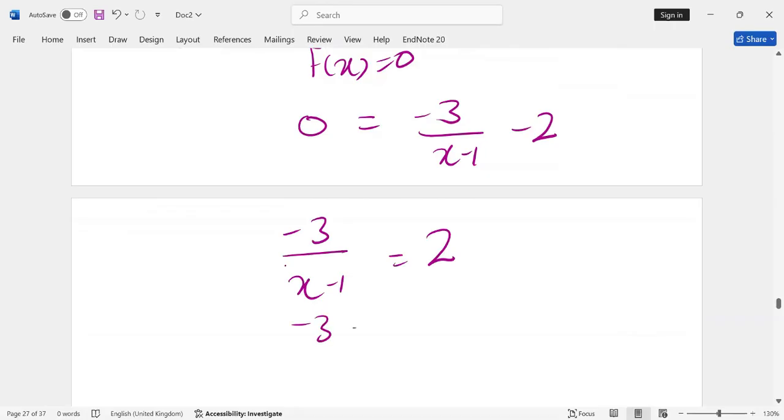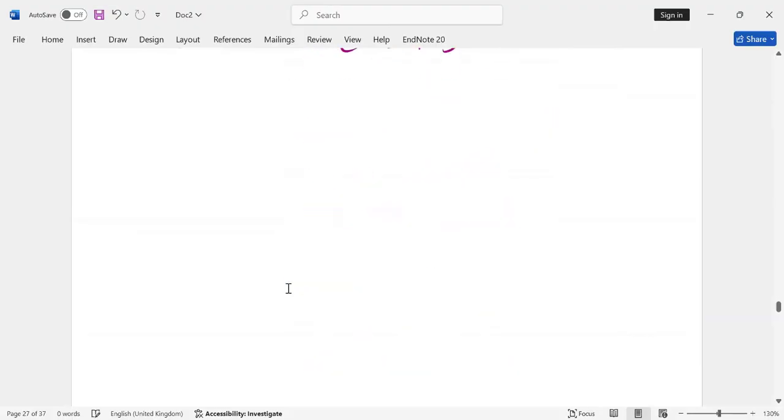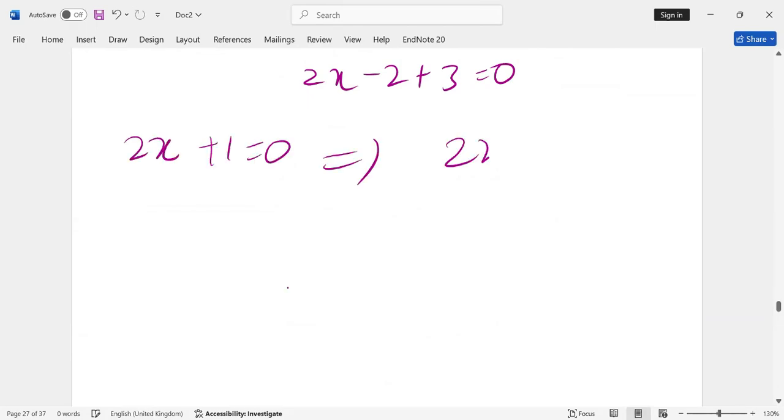And we have minus 3 equals 2x minus 2, and we have 2x minus 2 plus 3 equals 0, and do further simplification. We have 2x plus 1 equals 0, and we have 2x equals minus 1, and we have x equals minus 1 by 2. All right.